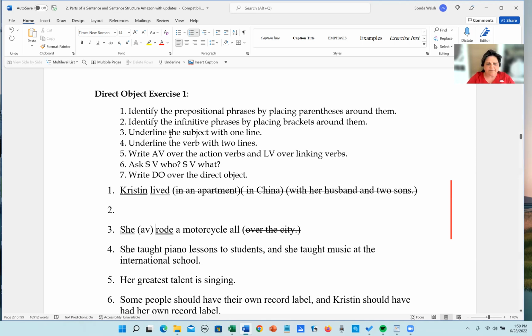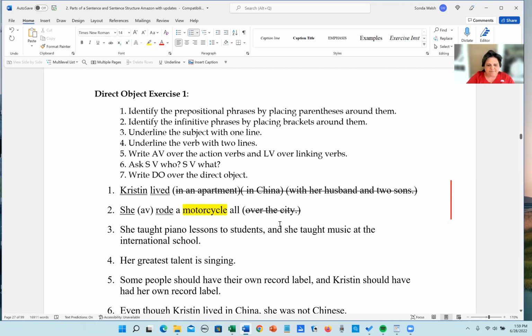It's an action verb. Okay. And then we are to ask subject verb who and subject verb what. So she rode who, she rode what. Okay, the answer to that question is motorcycle. So motorcycle is our direct object. All right, there we go.